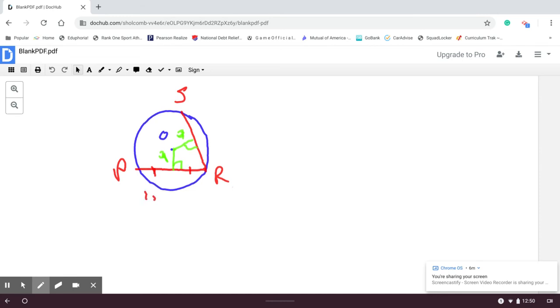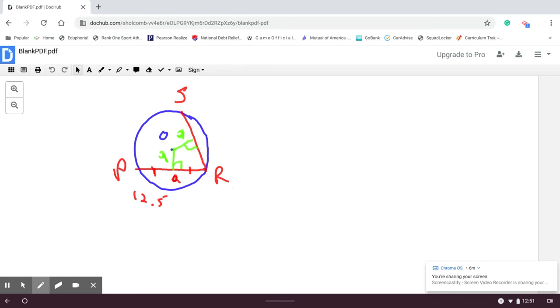And those are both 12.5. That is 12.5, the left piece and also the right piece. And this is point Q right there. So PQ is congruent to QR, and they're both 12.5. And then the question is, what's the length of RS?